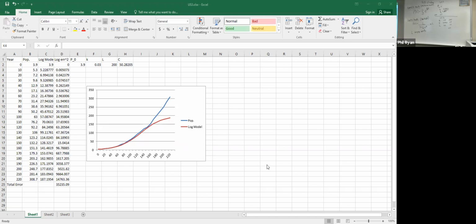Okay, and so here's the model, here's the error. So we're back up to a large error again. So just in the few minutes left, this is up to 2010.